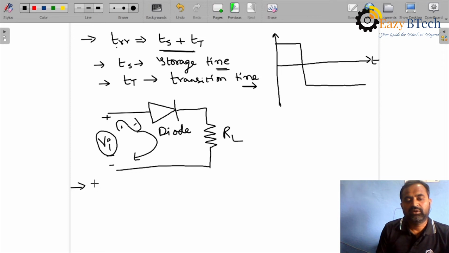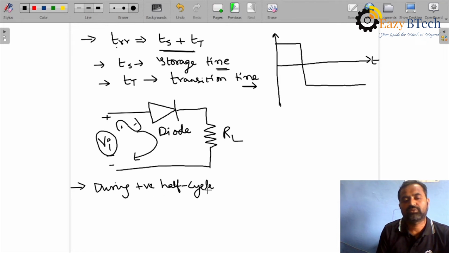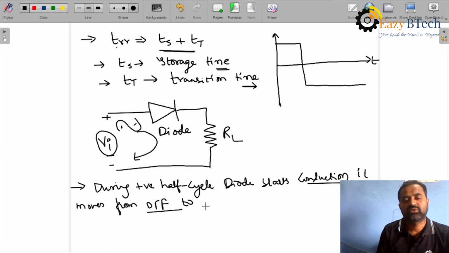Okay, during the positive half cycle, the diode starts conduction. It moves from off to on state in a very short time period.